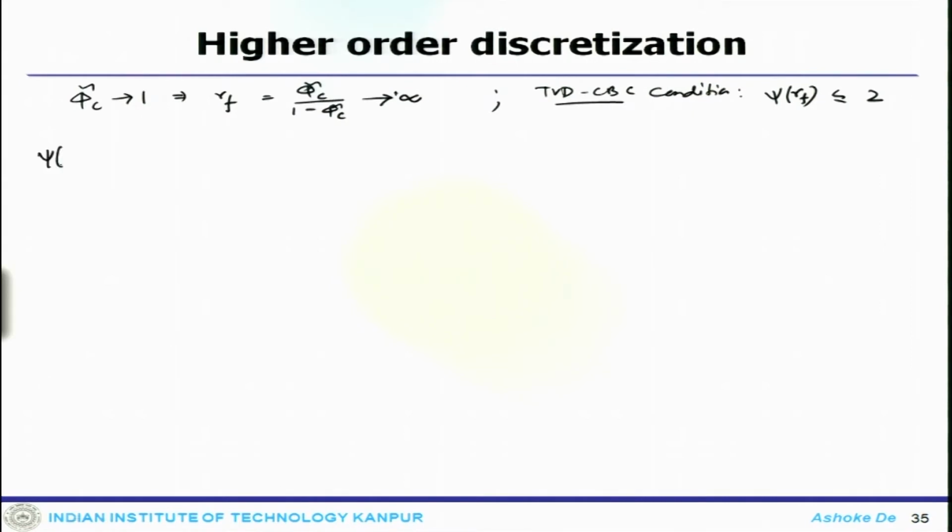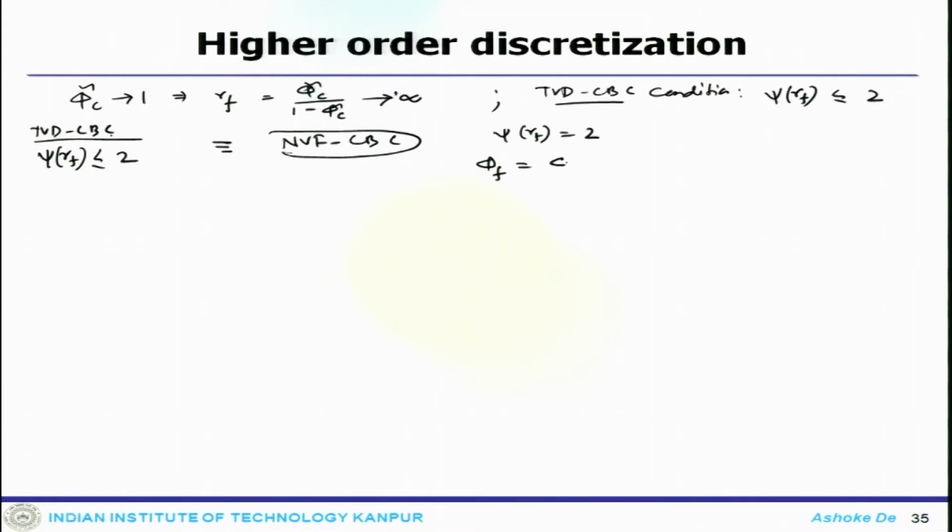The equivalent condition in NVF CBC would be psi RF equals 2, which will get you back phi f equals phi c plus half psi RF into phi d minus phi c.